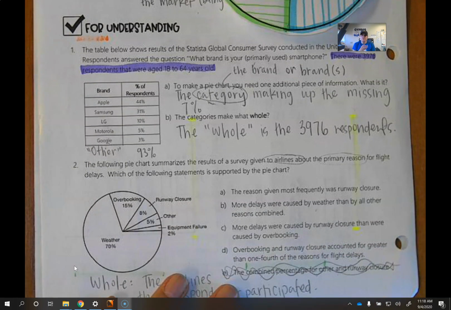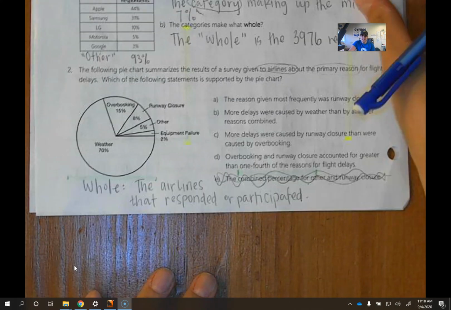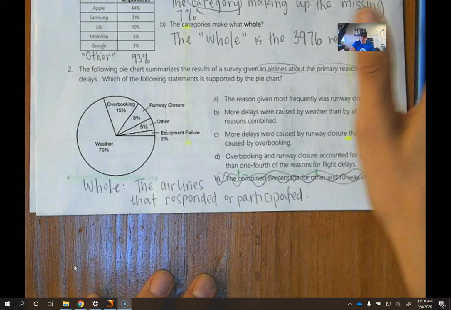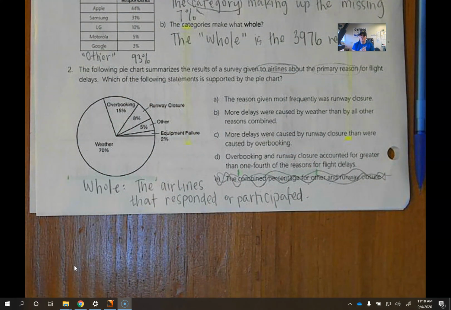This is the flights that come from the airlines that responded to this survey. So what this means is that the whole in this case are the airlines that responded or participated in the survey. So I'm assuming that they sent a survey out to a bunch of different airlines and they said, what is the primary reason that your flights get delayed? And 70% of those airlines responded and said weather. So the whole is all of the airlines that responded or participated in the survey.